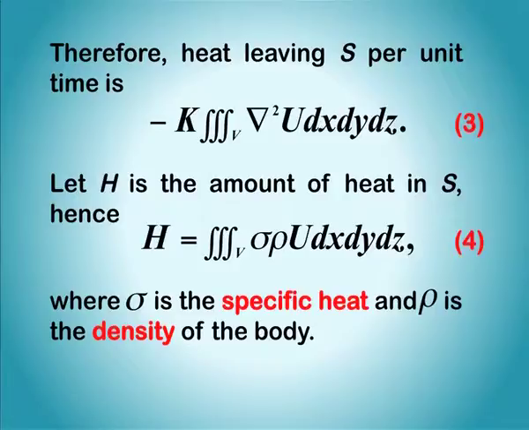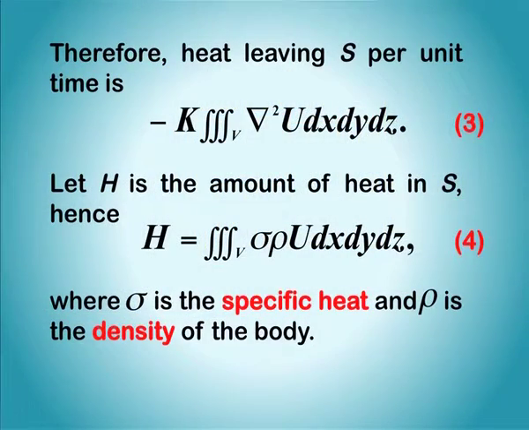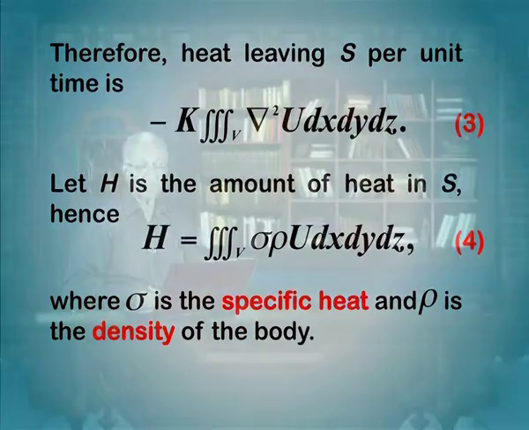Let H be the amount of heat in the region enclosed by the surface S, and so we can write with these notations H equal to the triple integral over V of sigma rho U dx dy dz, because there are 3 integrals, where sigma is called the specific heat and rho is the density of the body.